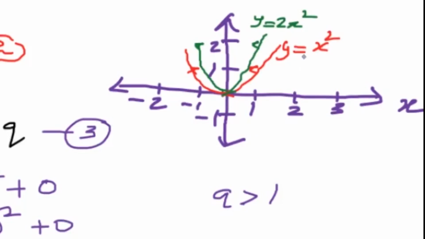That is, if y equals 3x squared compared to y equals x squared, what will be the effect on the graph? The next impact of the value of a is when a is less than 1. We will also see what impact the value of a that is less than 1 will have on this basic graph of y equals x squared.